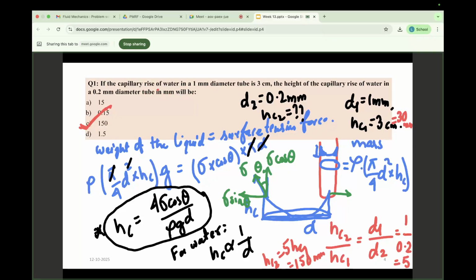Then they can ask what is the capillary rise of mercury in the same tube diameter. In that case they will give the density, the contact angle and all these parameters. You just have to find this, but for this you need to remember this formula. That is quite essential. This formula: h is 4 sigma cos theta by rho g D.